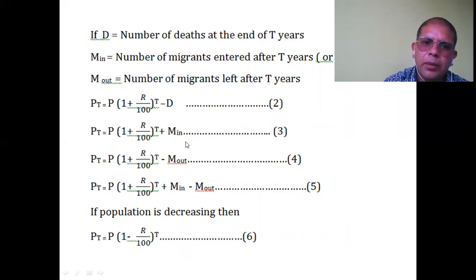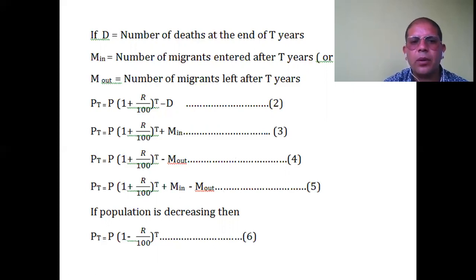If both migration in and migration out are given, you should add for migration in, and you should subtract for migration out. And if birth is given, you should add birth also. Don't be confused.